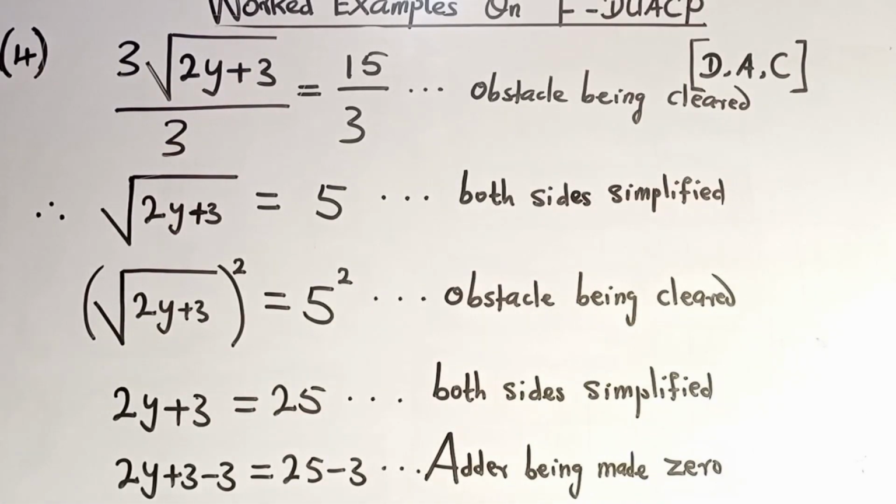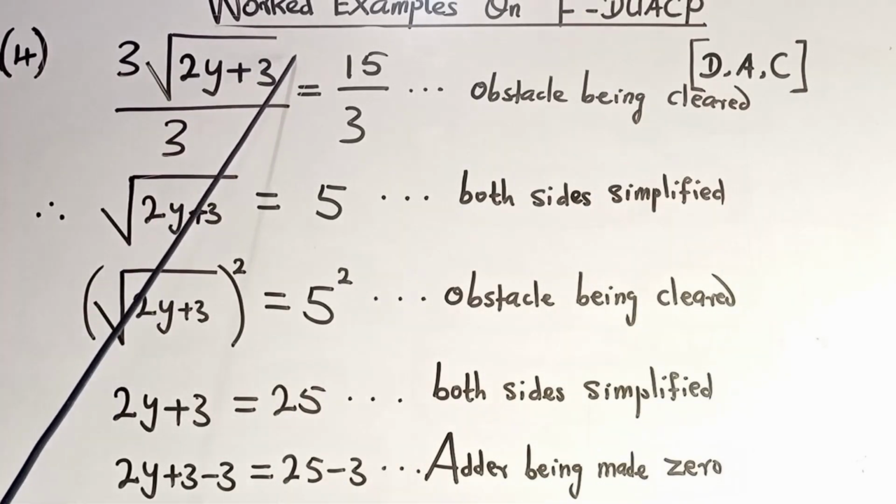To get a root out from any side of the equation, we must ensure that the root is either alone on one side of the equation, or that the root is a part of the only single term found on one side of the equation.